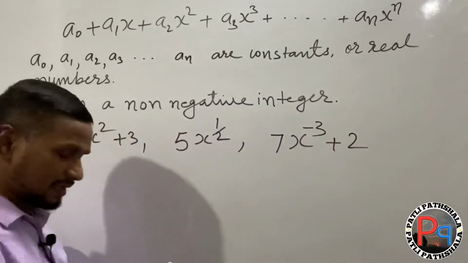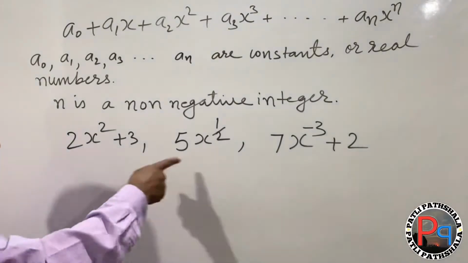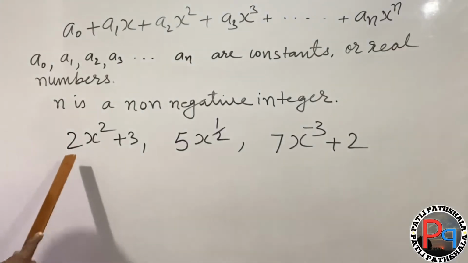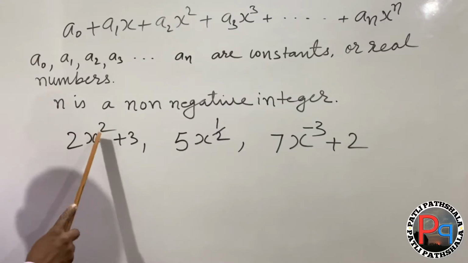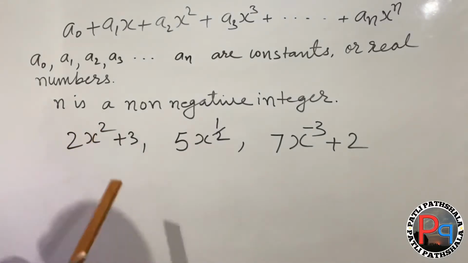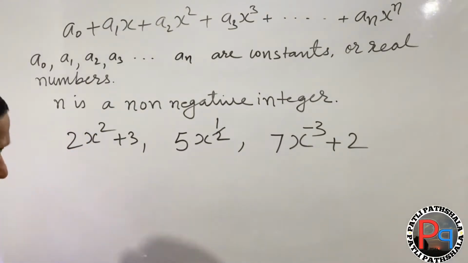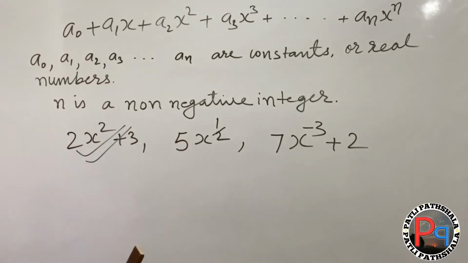So here we have taken 3 algebraic expressions. In the first, 2x square plus 3, the power of variable is 2, which is an integer, and it is a positive integer. Therefore this algebraic expression is a polynomial.